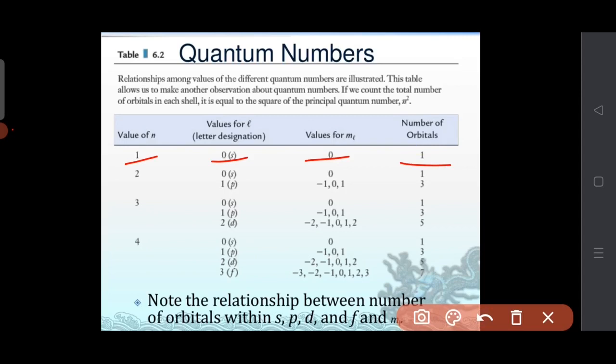We will get it by this way, minus L to plus L. So if L equals 0, then only 0 will come. For n equals 2, two values of the azimuthal quantum number are possible, 0 and 1. For 0, the ml value is 0, that is the magnetic quantum number, and for 1, minus 1, 0, plus 1, these three values are possible for the magnetic quantum number.